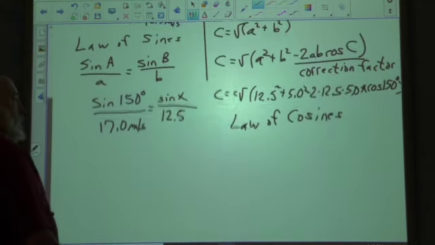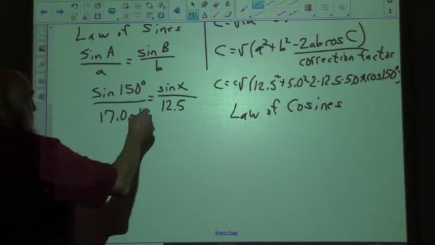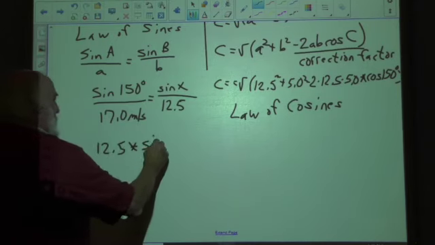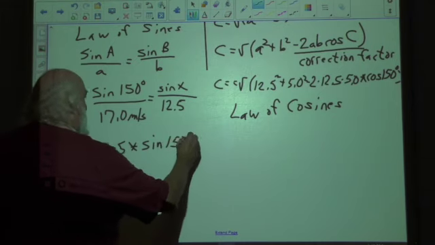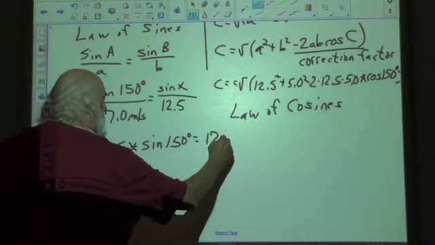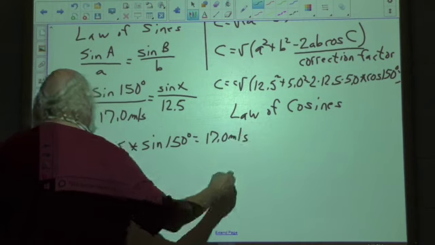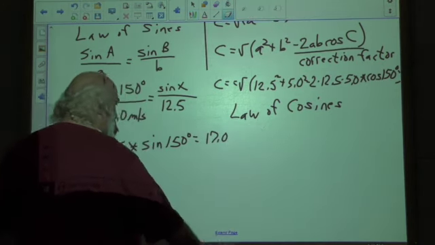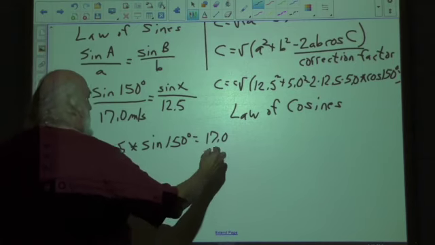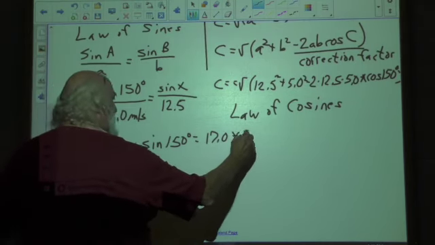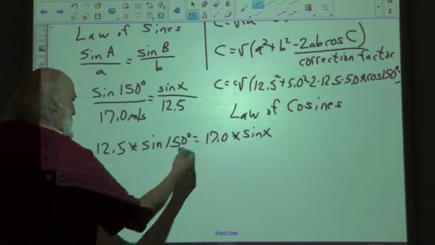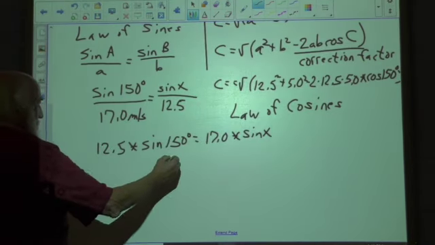Now, when you do the math on this, you've got to be careful, because this is going to be 12.5 times the sine of 150 degrees equals 17.0 times sine of X. Actually, I'll just drop the meters per second, because we know that the answer is going to come out in degrees. They'll just get in the way.